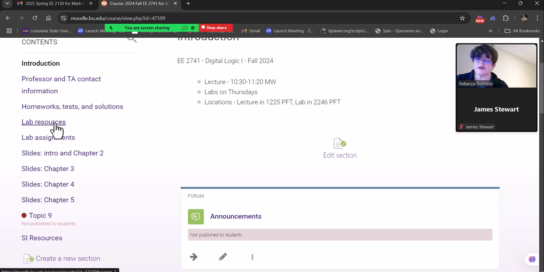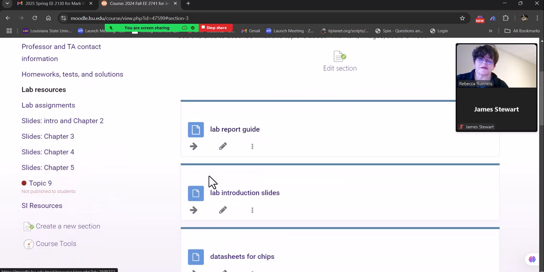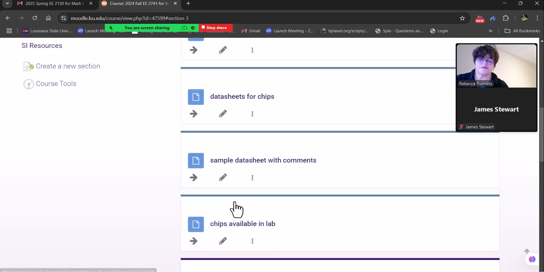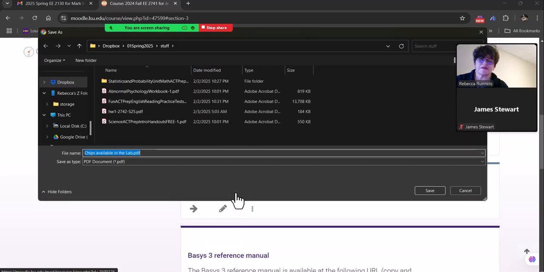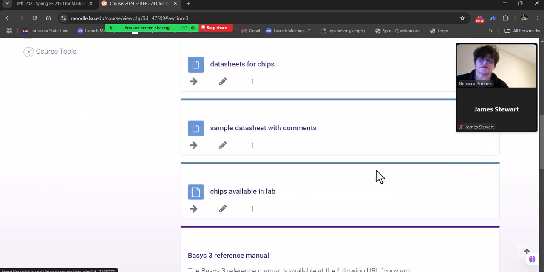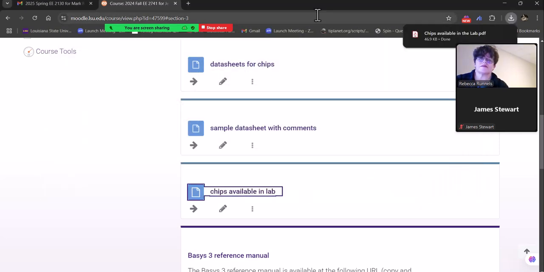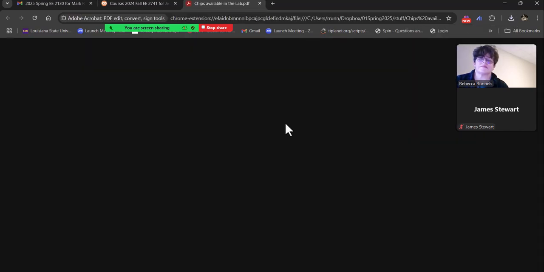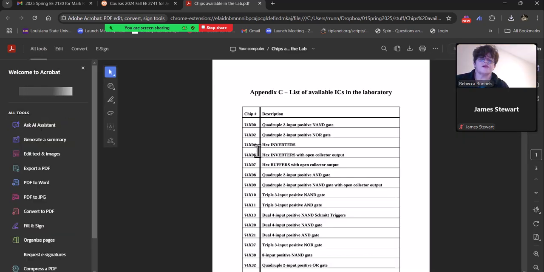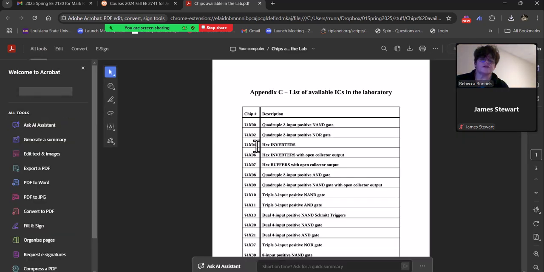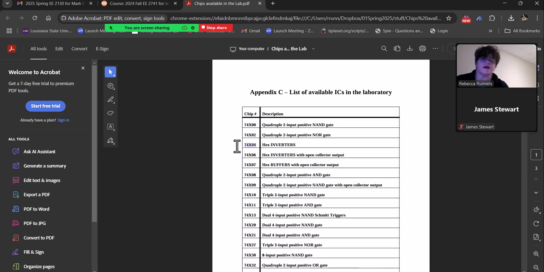So if you go to lab resources and you go to chips available in the lab, 74X04 is the NOT.